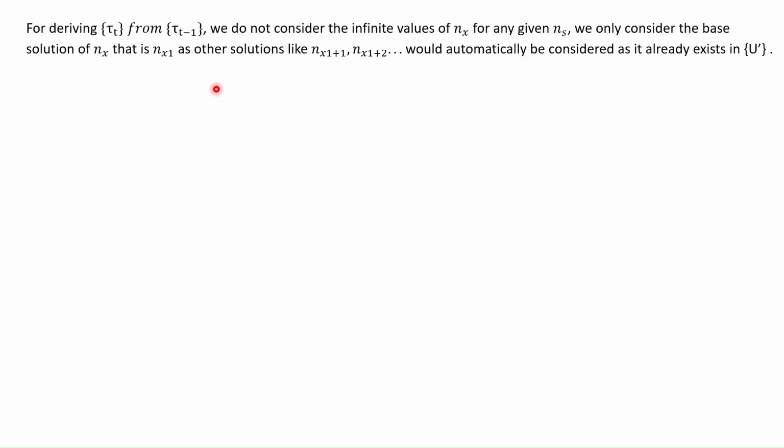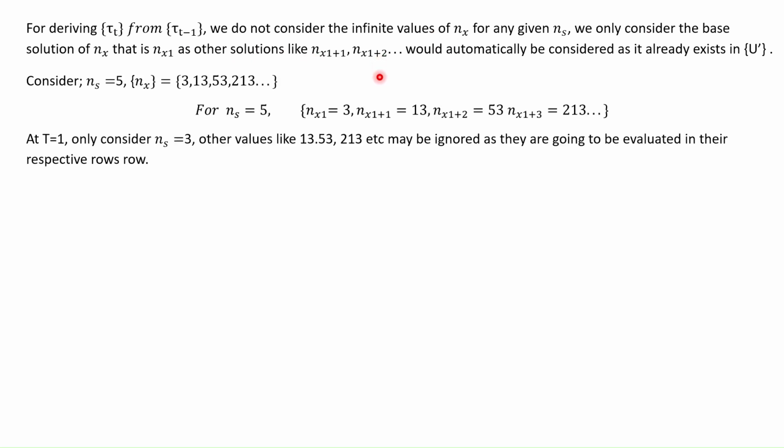Now earlier we noted that the set nx is a set that contains infinite values, but for deriving set tau sub t from tau sub t minus 1, we did not consider all these infinite values. We just considered the base solution of nx, and no other solution was taken into account.